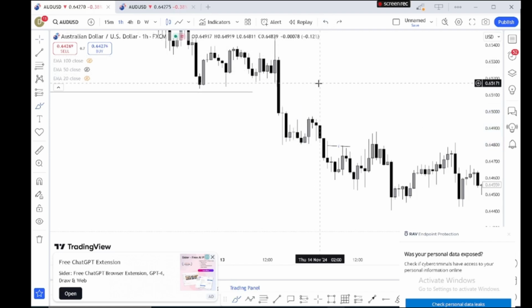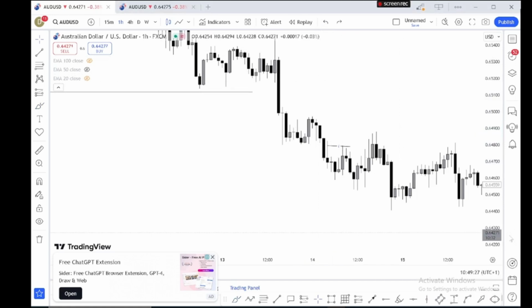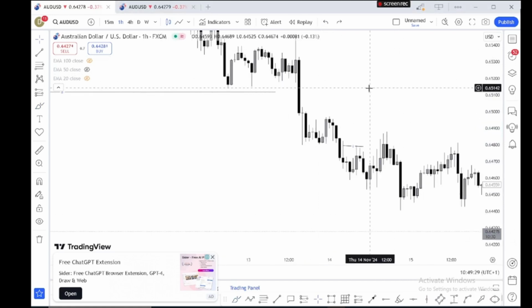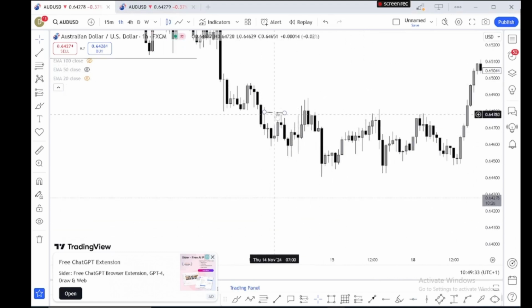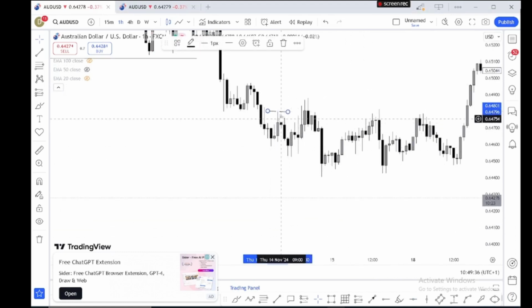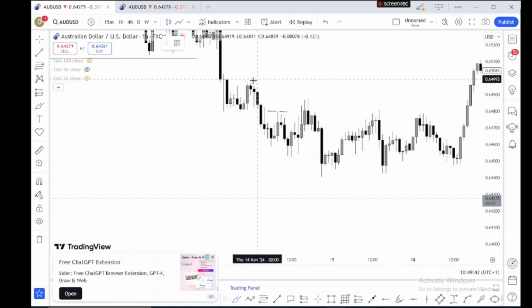I think I have to make a special video on how to identify inducement and valid pullback. That's very important. Now you see the market created an inducement here and came down, and after that we had something like this.